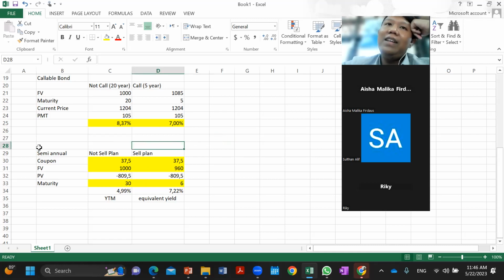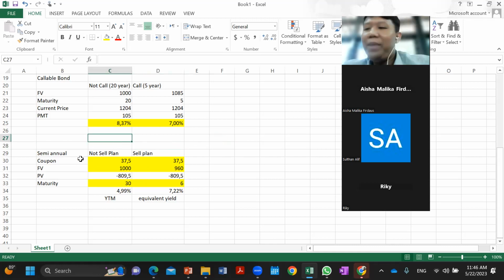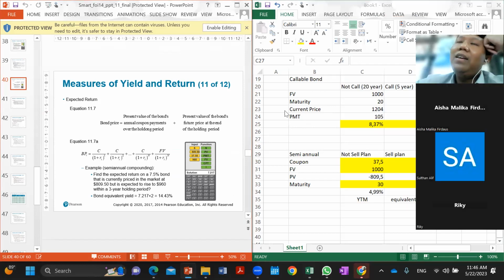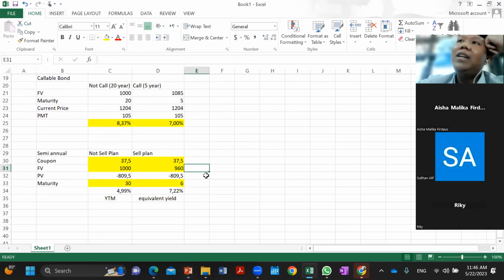So here, I'll just go back to the slide. In this case, they are trying to calculate the yield, the expected return if we decide not to hold until maturity, but hold it only for 3 years and then sell it in the market.